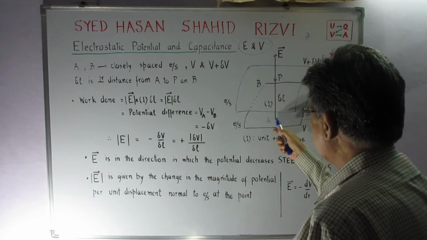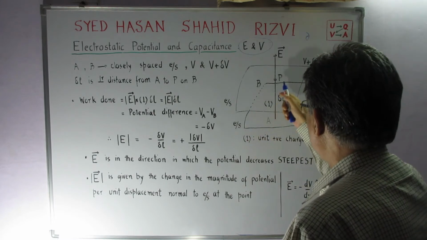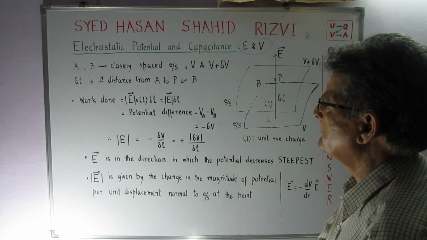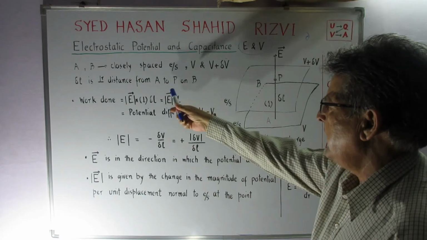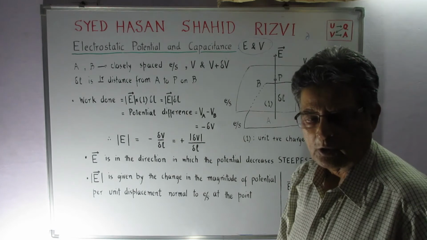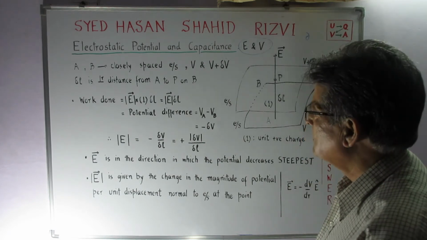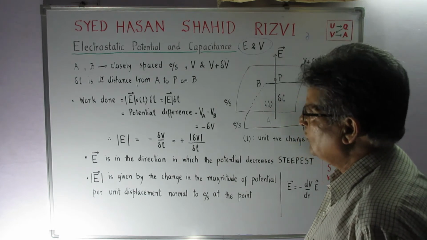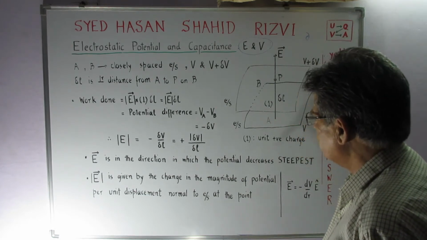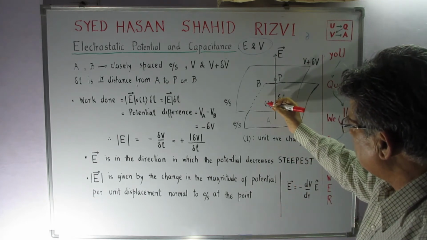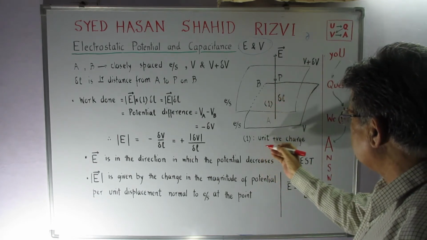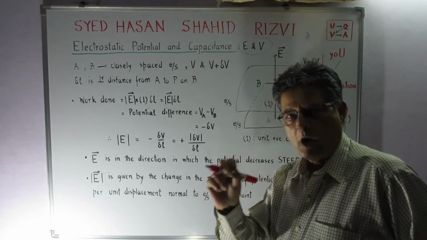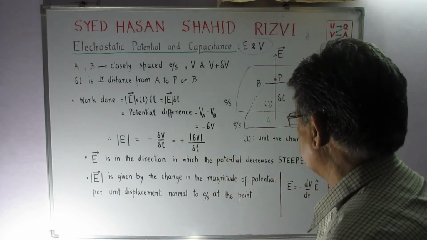The perpendicular distance from surface A to the point P, which is located on surface B, is delta L. In doing that, let's take a unit positive charge, a small test charge per unit positive charge.